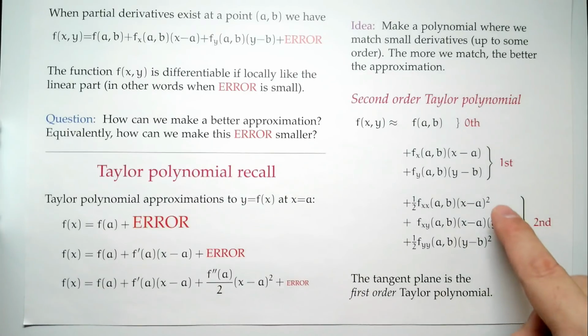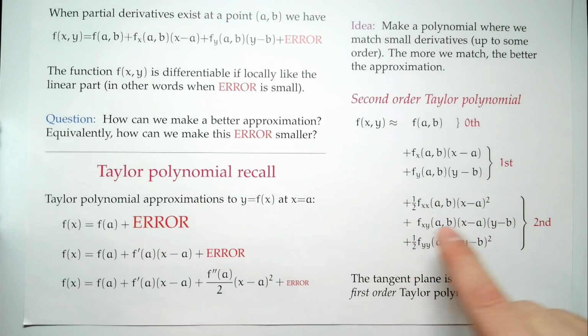What happens to that square, that x minus a squared? When you take a derivative, the 2 goes down. So you have to have something to compensate. So that's why there's a half there. So that when you end up taking the second derivative with respect to x twice, everything will vanish except for this f sub xx at ab.